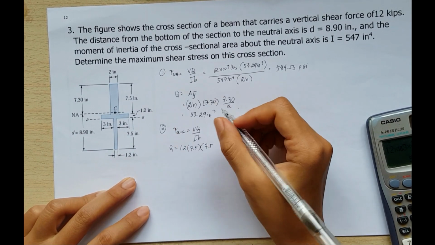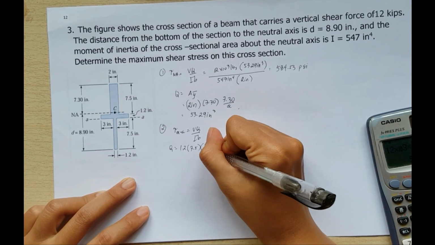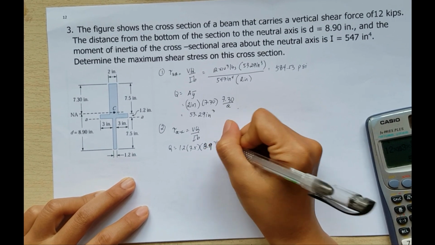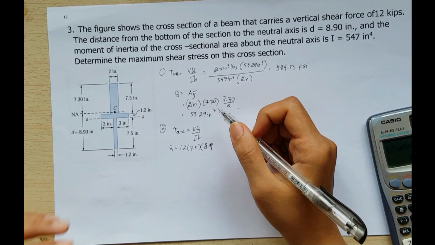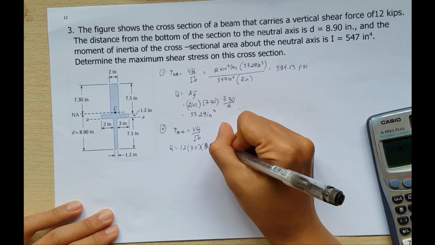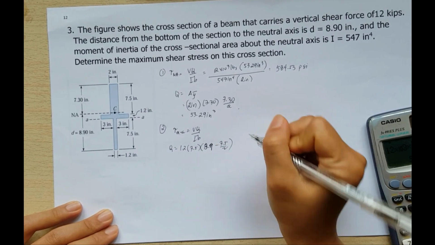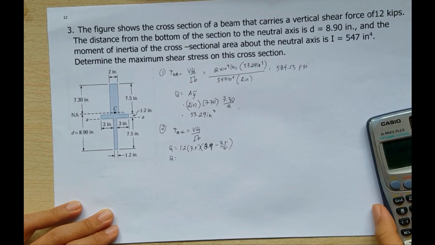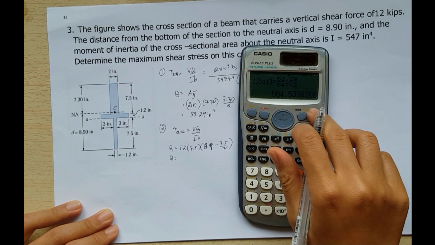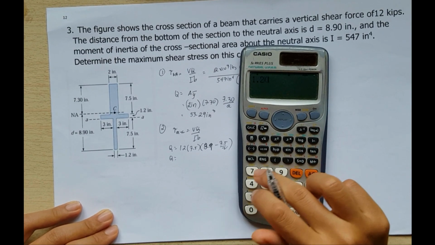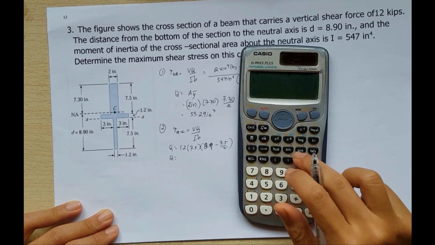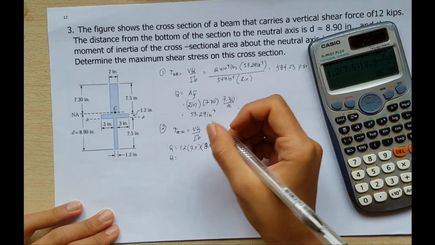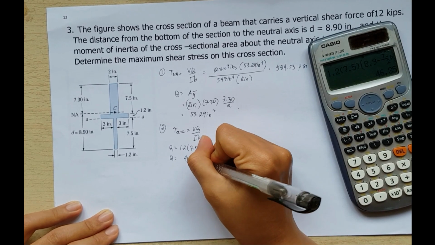So Y bar is 8.9 minus 7.5 all over 2. So our Q is equal to 46.35 inches.